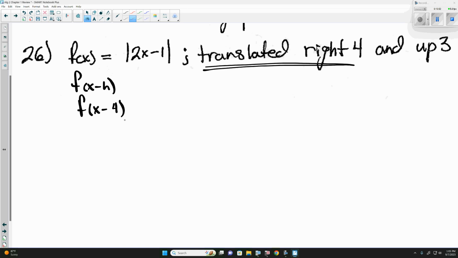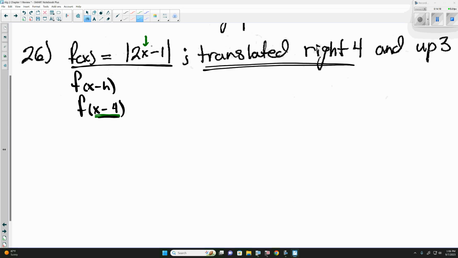And again, we're only using this notation to help us see the movement. And the f is just naming the function. It's telling us that we're referring to this function here. Now, when we look at this inside the parentheses, we don't have x anymore. We have x minus 4, which means this x in the function f of x is being replaced with x minus 4.